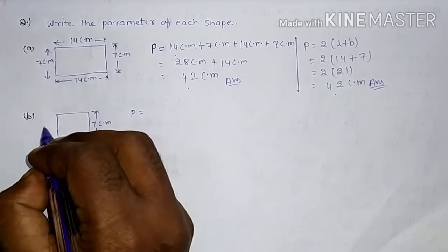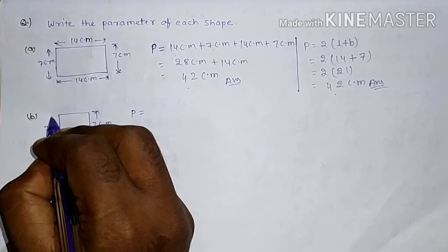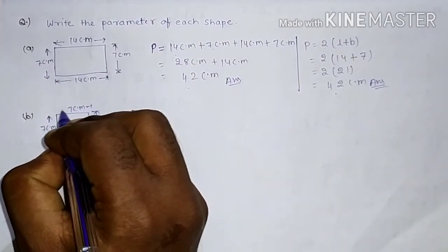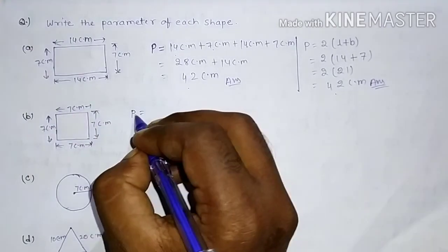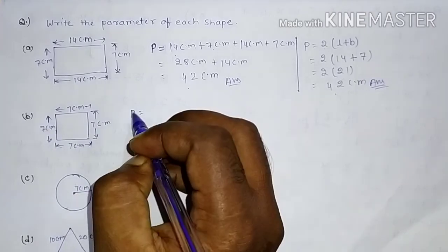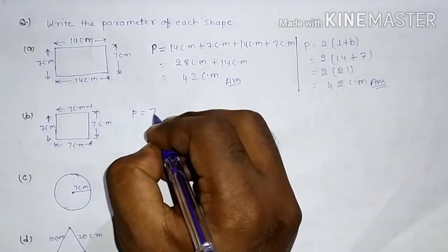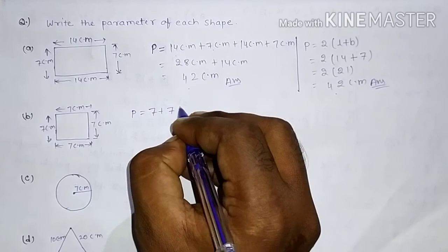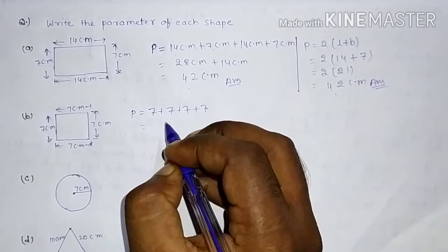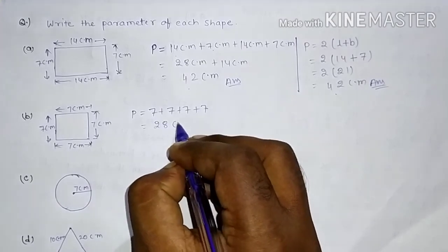So 7 centimeter, it will be 7 centimeter. It will be also 7 centimeter. So perimeter will be the addition of all the measurements of sides. So 7 plus 7 plus 7 plus 7. So it will be 28 centimeter.